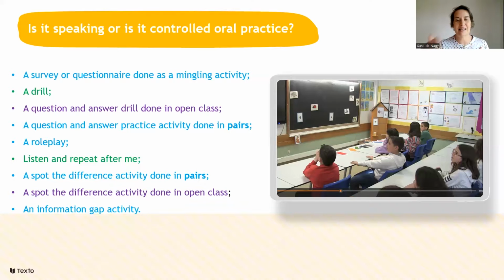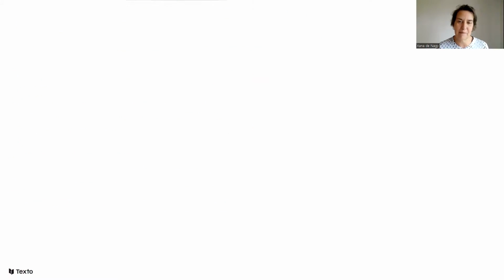If it's me asking individual students, unless I go around all 25 or all 30, not everyone is going to speak. And in open pairs, again, you might not get everyone to speak. So here it's limiting, even though, for example, the spot the difference could very much be a speaking activity. It's limited in terms of how many students are doing the activity at any one time.